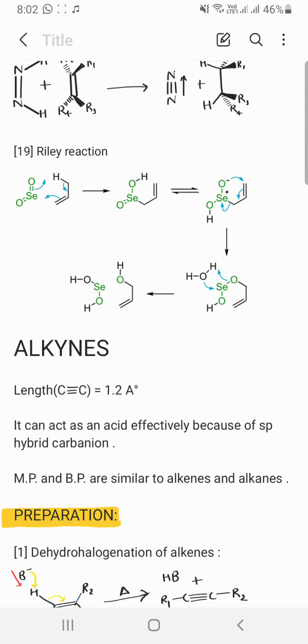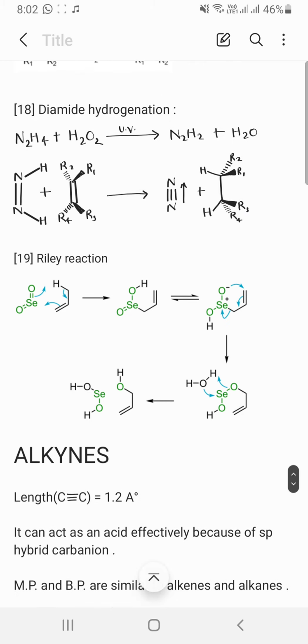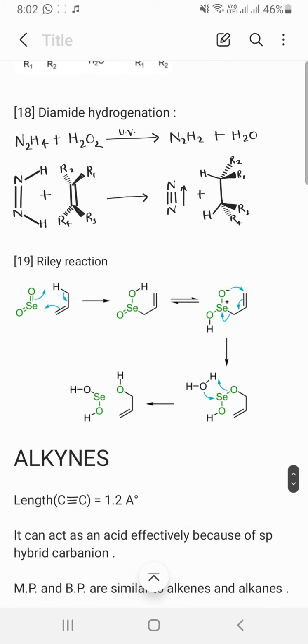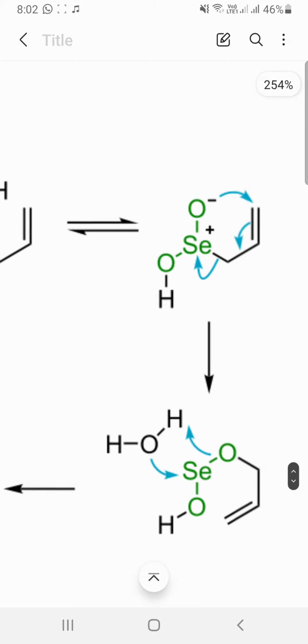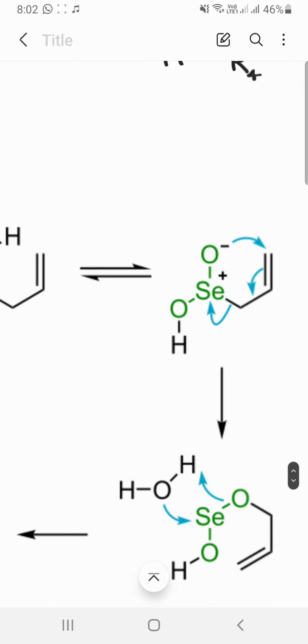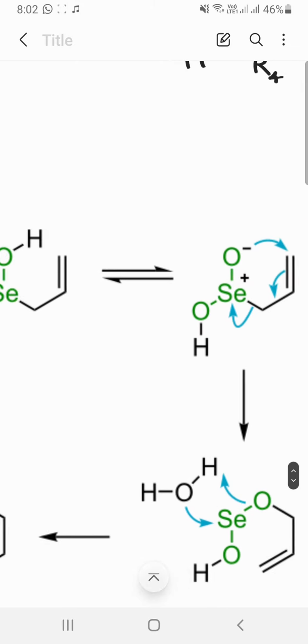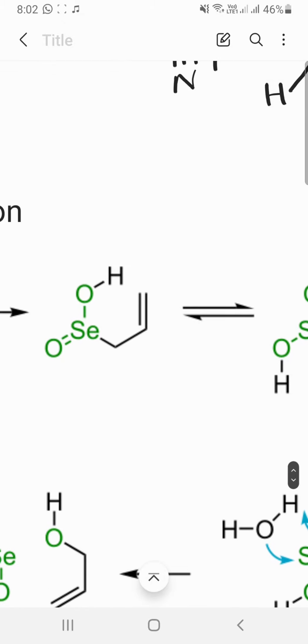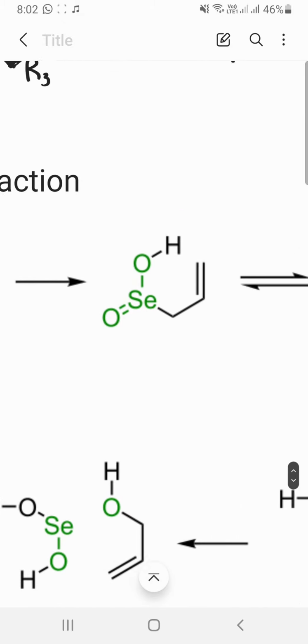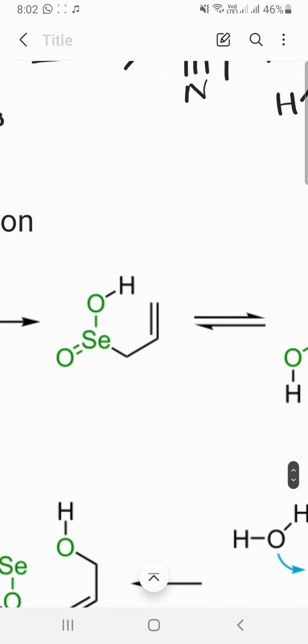The mechanism is understandable, but why is this happening? Whatever. So first you form this thing and then do this thing. How did you even do that thing though? Probably with a hydrogen shift over there.